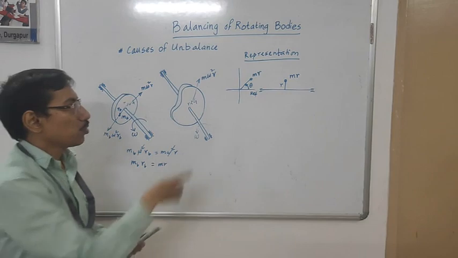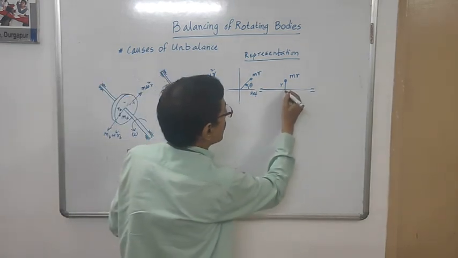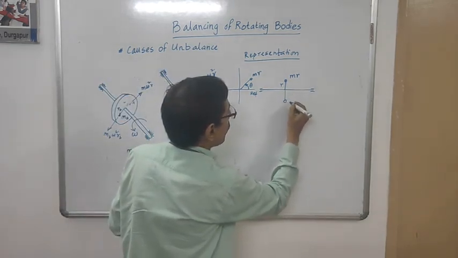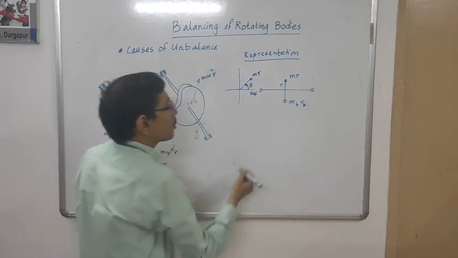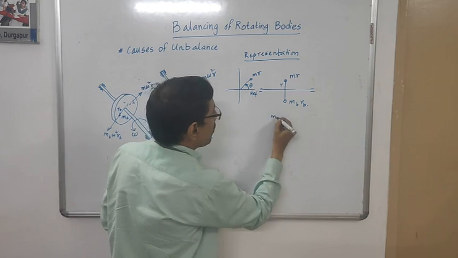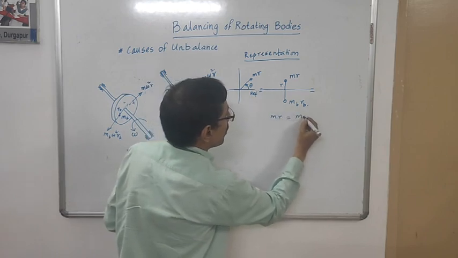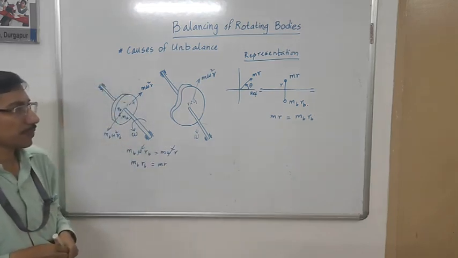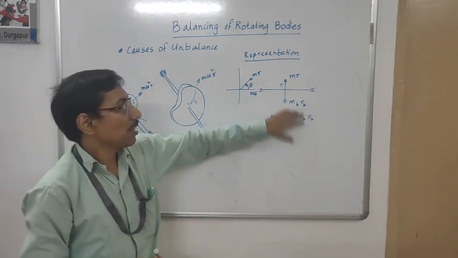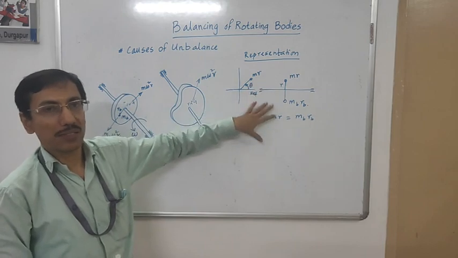Now, if you want to put here this balance mass at the diametrically opposite location, say it is MBRB. So of course, mathematically then MR equal to MBRB, what we have already derived here. Okay. So if we follow this, then it could be perfectly balanced.